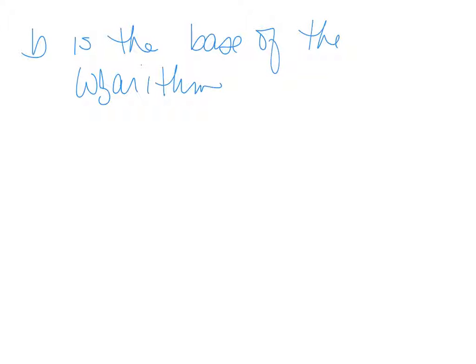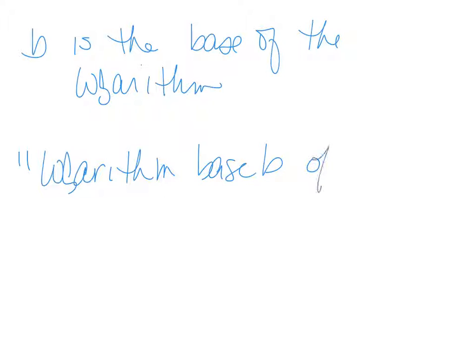So we denote the logarithm base b of x. So we say logarithm base b of x. That's what you hear me say as I talk about the problems. So that means we would write log base b of x. And that's how it's written.